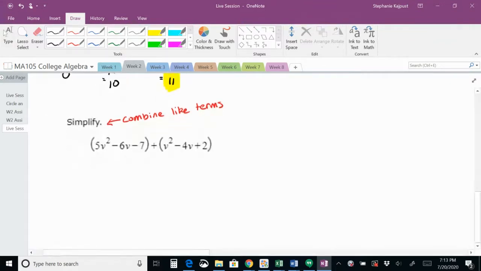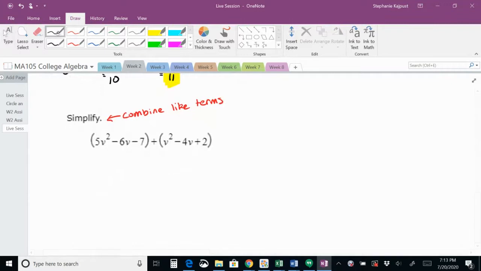So you can rewrite this whole thing as 5v squared minus 6v minus 7 plus v squared minus 4v plus 2. Because of that plus, and there's no number in front, the parentheses are irrelevant.